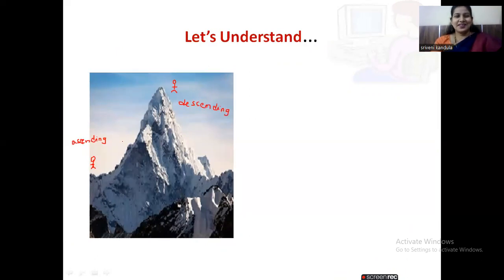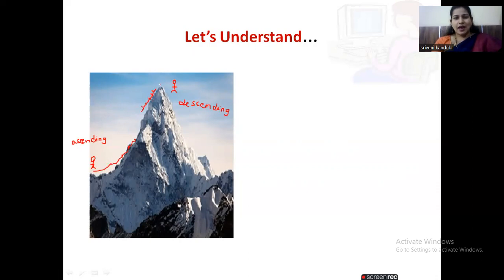So let us think that the person is climbing the mountain. How does he climb initially? Initially the slope is a little less, so he can take larger steps. Slowly he has to decrease his step size. As he reaches the top of the mountain where the slope is very high, he has to take tiny baby steps so that he will not fall. Carefully he will be climbing.